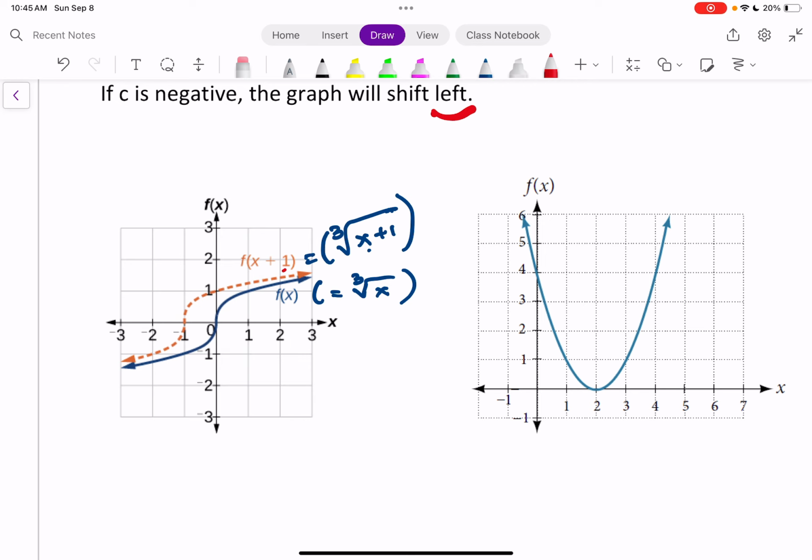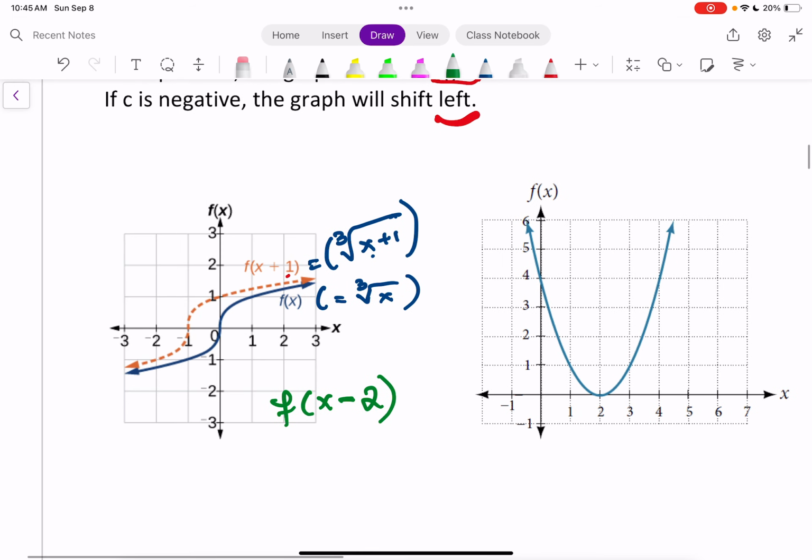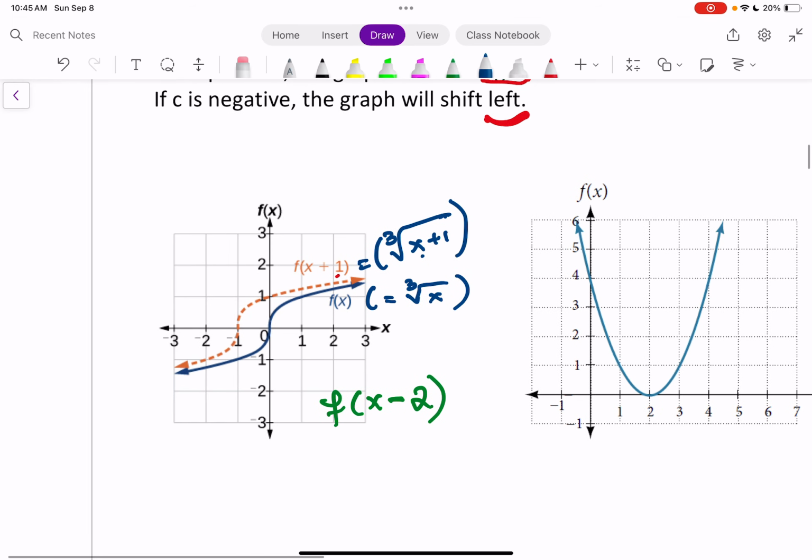Okay. Now, if I wanted to graph, for example, the function f of x minus 2, so by the way, the equation for us would be cube root of x minus 2. So again, contrary to what you would want to do and go left, you would go 2 units to the right.